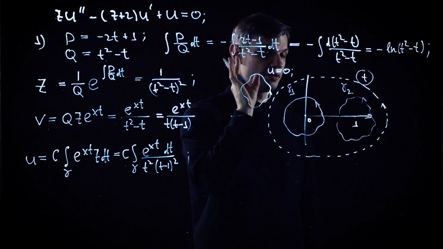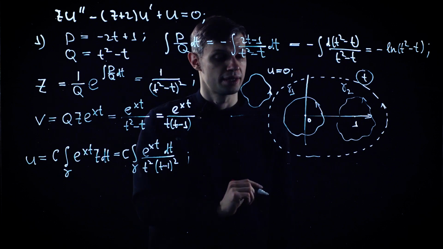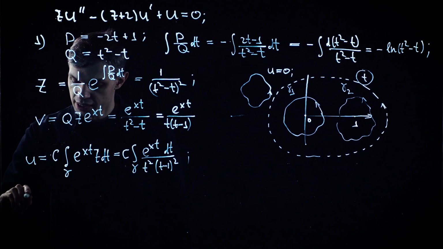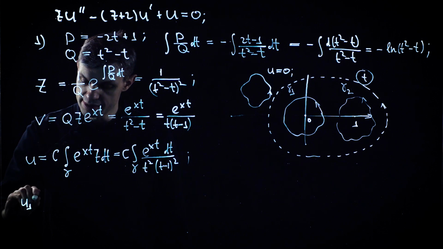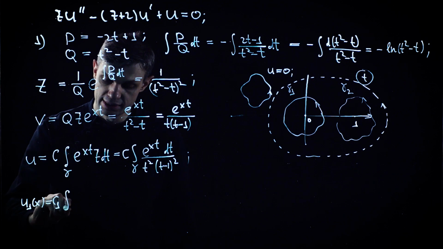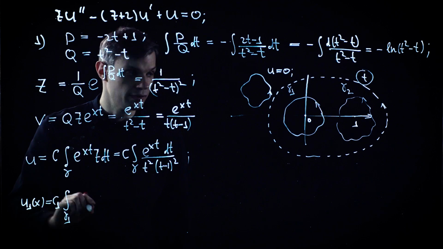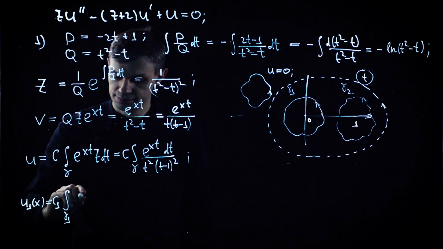Let's compute the first one, the solution defined by the residue at t equal to 0. So u1 of x is equal to some constant c1 times the integral over contour gamma 1.